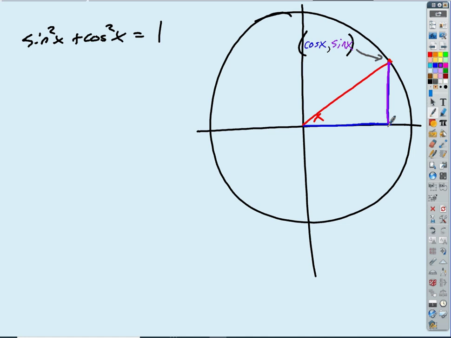Everybody agree? That's the meaning of those coordinates. So we're going to get cosine x and sine x. Well, there's your proof, because what's the unit circle? The radius is 1. By the Pythagorean theorem, then sine squared plus cosine squared equals 1, right? Okay? That makes sense. So you can use the unit circle to represent that relationship, okay?